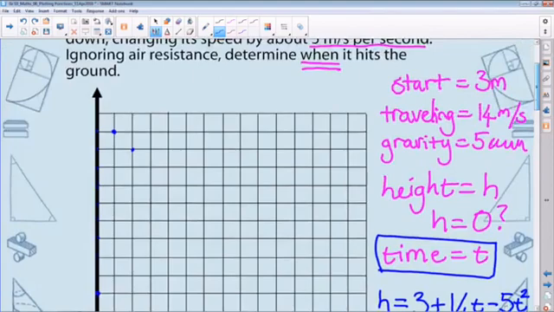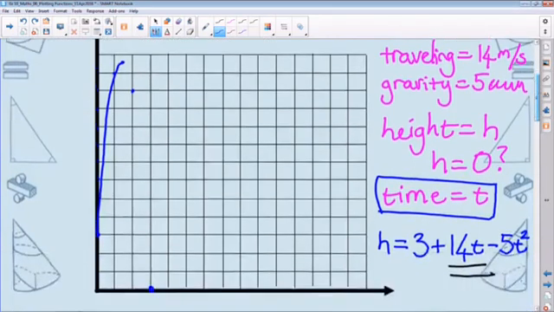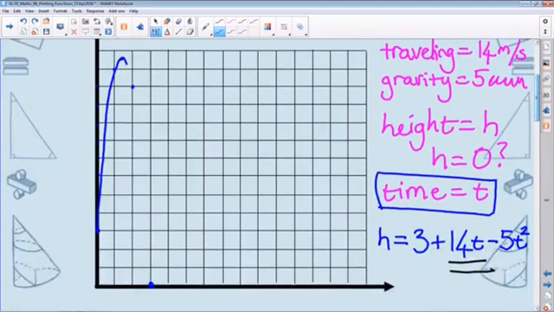So at 1.5, it's going up to over, oh, that's a bad plot, Helen. Okay, so it's going up to there, which gives me a lovely curve. And this literally is the curve of the ball. And it gets down to over here, and of course it hits the ground, and then it's going to bounce. So at 3 seconds, it hits the ground.